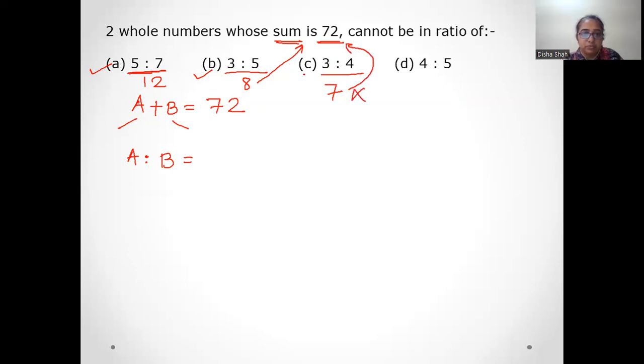No, it is not a factor of 72 और ये एक रेशियो नहीं हो सकता. Correct answer.